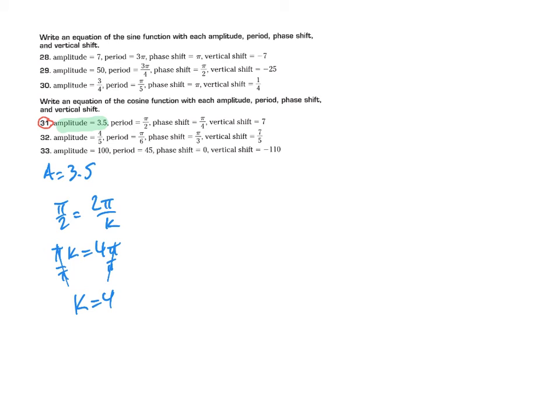Now that I know k equals 4, I can use the phase shift of pi over 4 to solve for c. c is the negative of the k, which is negative 4, times pi over 4. So that cancels, and we get negative pi. So c is negative pi.